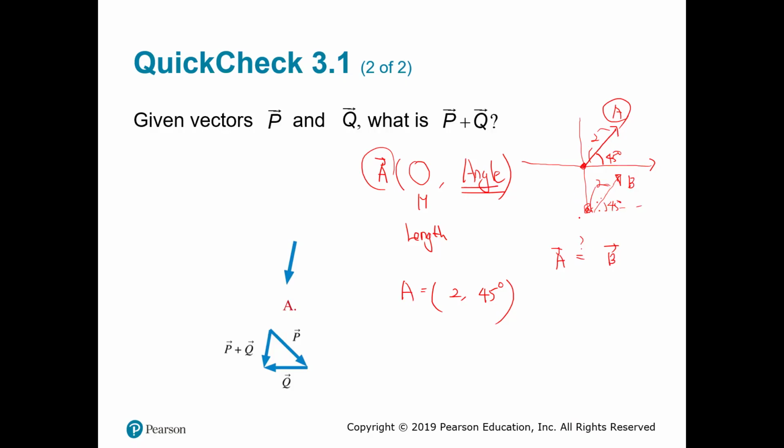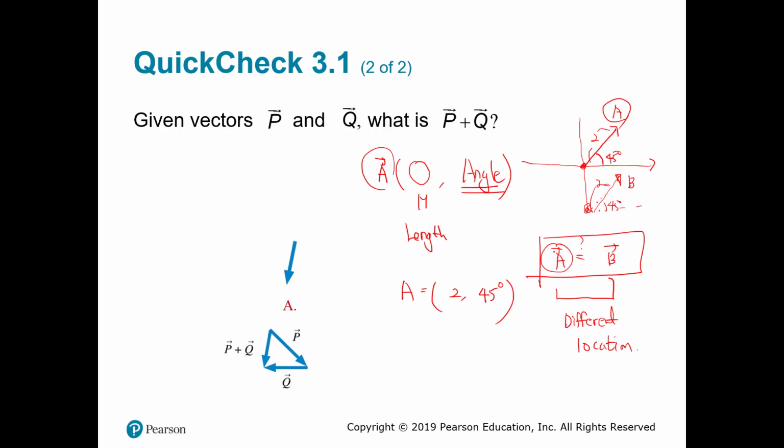Even though b vector has a different location, they are the same. Why? Because of how you describe a vector in terms of a magnitude and an angle from the horizontal line.